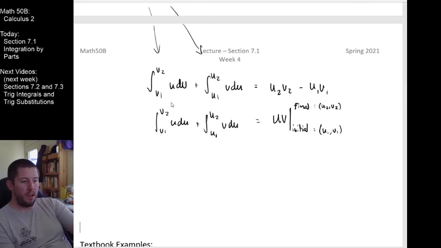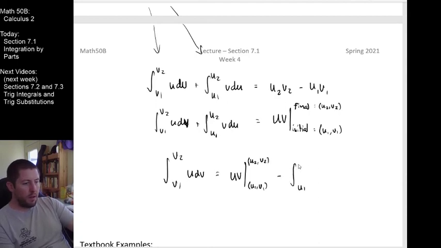All I'm going to do is solve for the integral of u dv by subtracting this guy over to the other side here, and that's going to give me the integral from v1 to v2 of u dv equals, it looks like we're getting our uv evaluated from u1 v1 to u2 v2 minus the integral from u1 to u2 of v du.